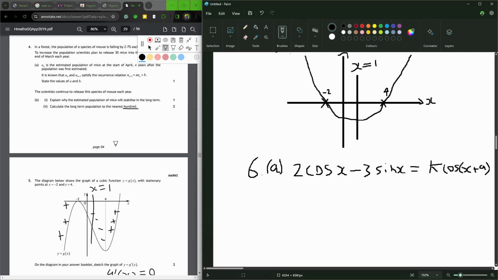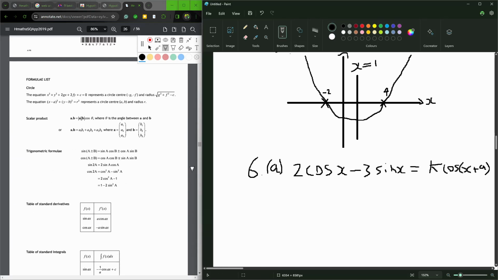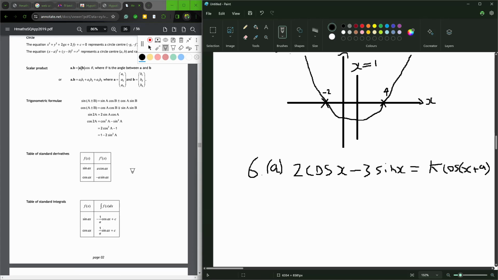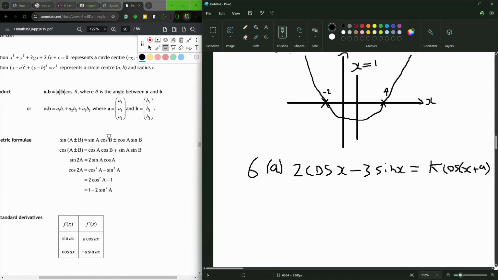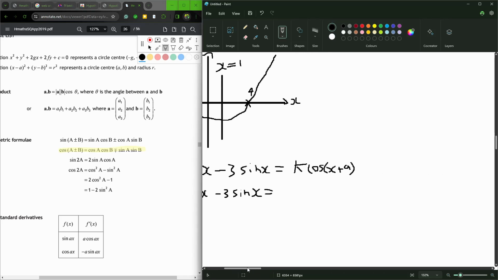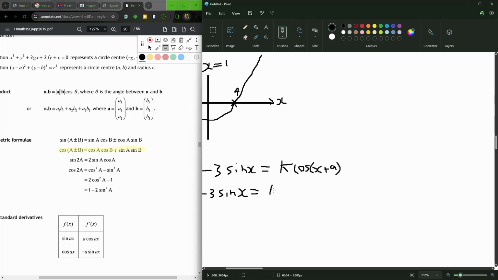When I told you about the formula sheet, let's scroll up there and see if we can find anything that might be useful. And oh, look at that. This looks fairly useful, doesn't it? So what we're going to do is substitute this into this. So 2 cos x, this all remains the same. We're not doing anything weird here yet. But if we throw this out, I'll start slow.